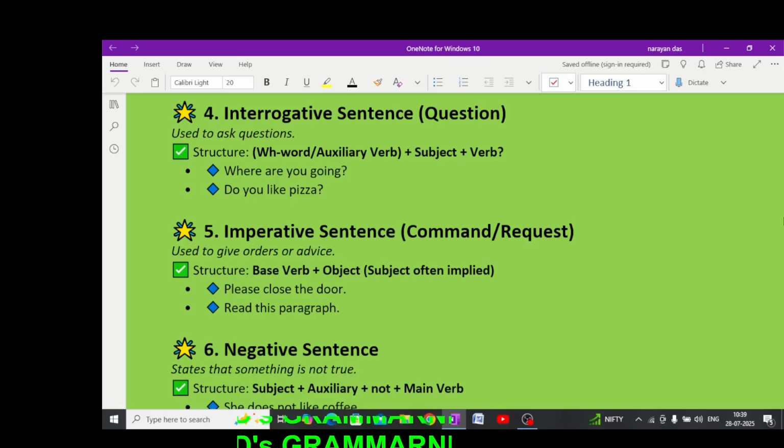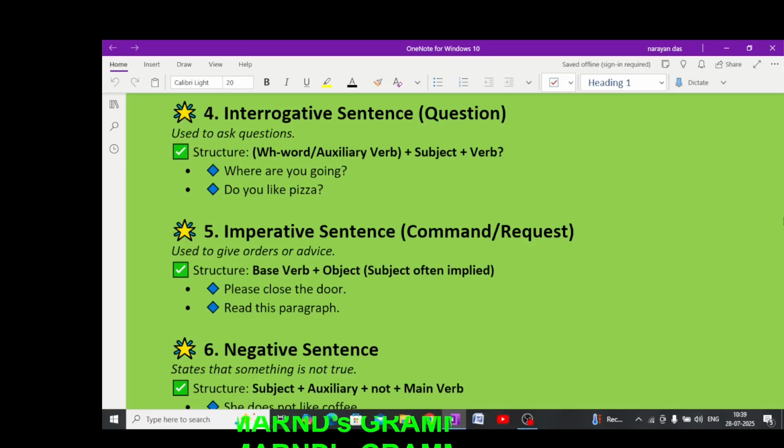These imperative sentence structures are used to give orders or advice or sometimes requesting, or always requesting you can say, because when we use please and do like words, it is request. Structure is base verb, then object, or subject is sometimes implied or silent.